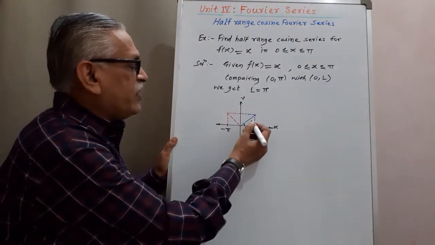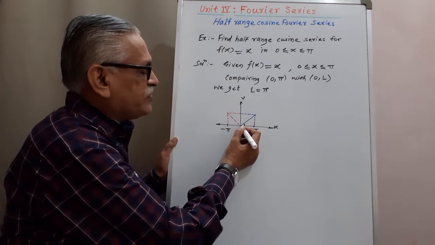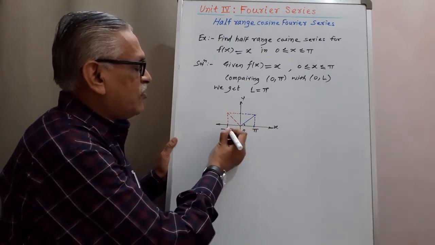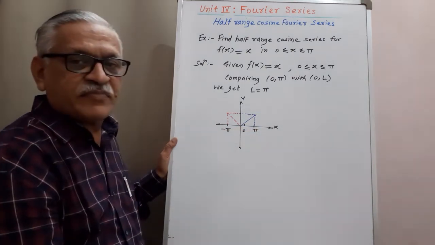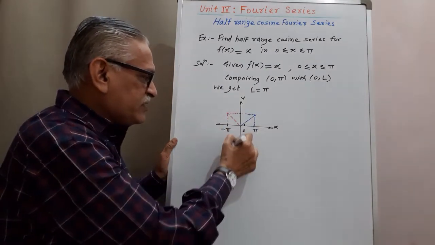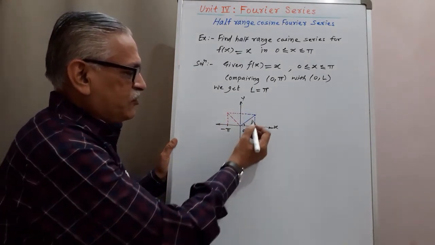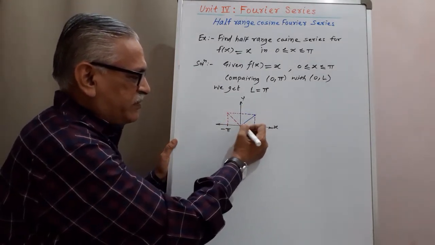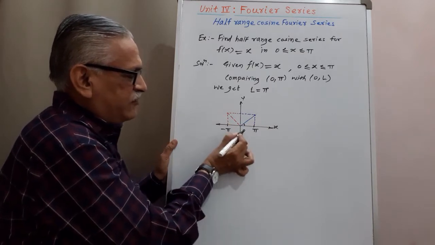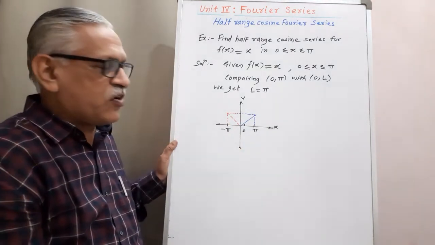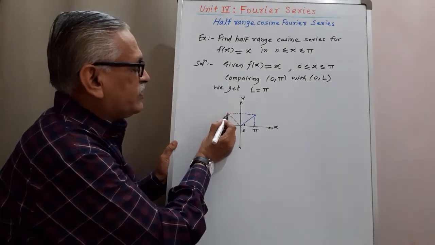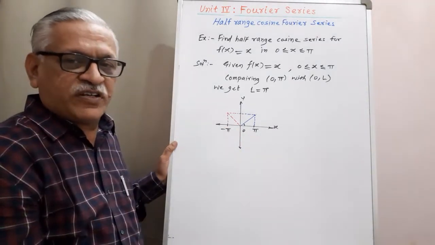Then we have to extend that function from minus pi to plus pi by taking its image about the y-axis, and therefore we have to find its reflection or image about the y-axis. That image is in the second quadrant, which I have shown in red color by a dotted line.